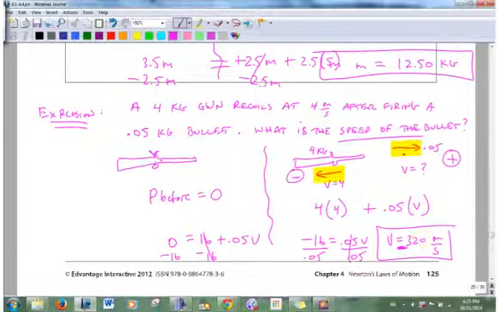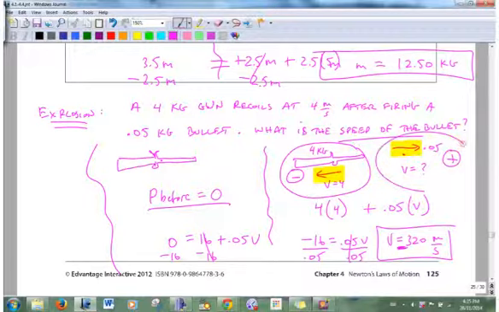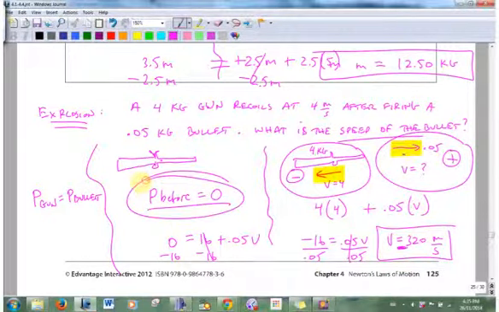All right? So one other thing. That's the concept. You don't really have to do this part. The other way to think about it is, you know the momentum before it fires is 0. So after, this has got to equal that. Okay? The momentum of the gun has got to equal the momentum of the bullet. Because before it had no momentum. So these have to equal nothing.